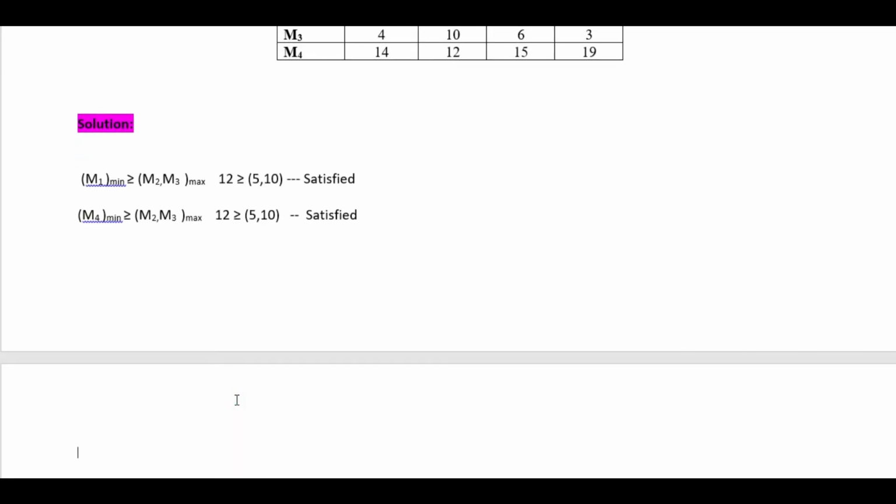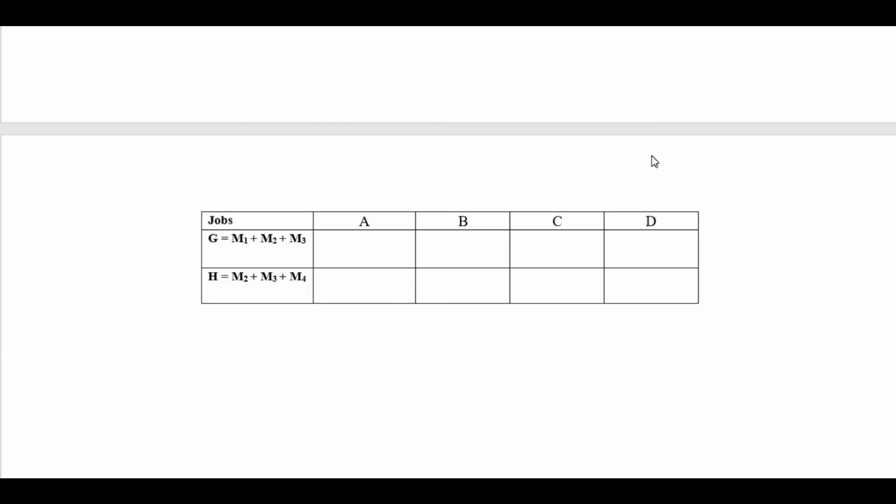So now I assume there are 2 hypothetical machines G and H. For G, we sum up the processing times of machine 1, machine 2 and machine 3. For H, we add the processing times of M2, M3 and M4.